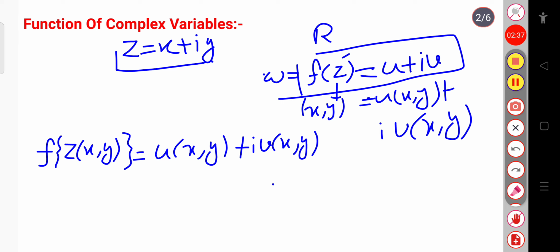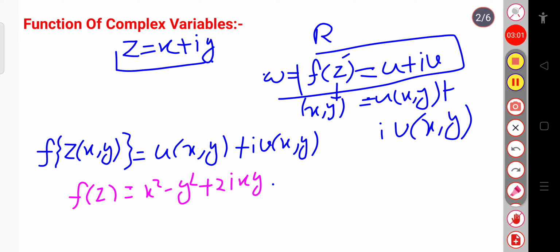So, for example, suppose it is given that f of z equals x square minus y square plus 2 iota xy. Suppose the function of z equals this much.